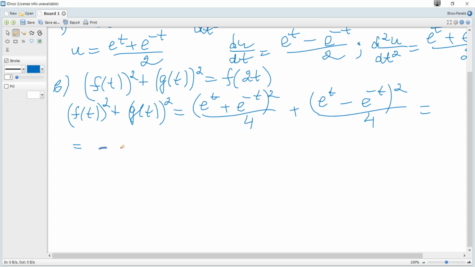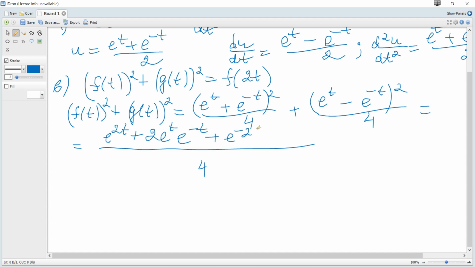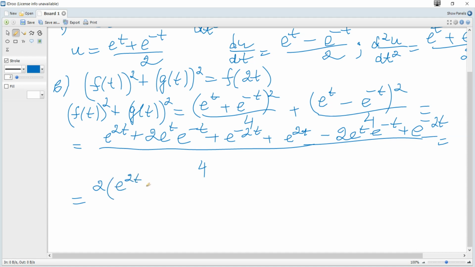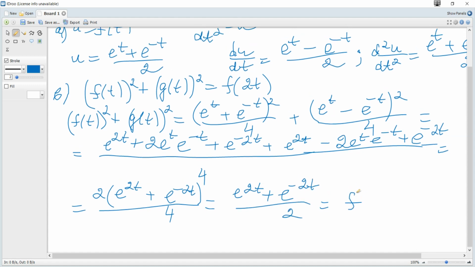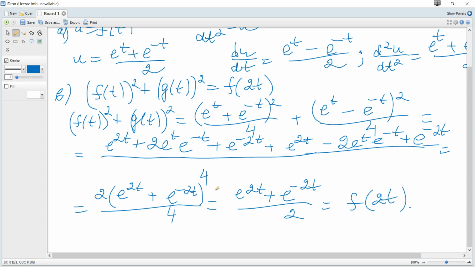We can write the common denominator over 4, so e to the power of 2t plus 2e to the power of t e to negative t plus e to negative 2t plus e to the power 2t, minus 2e to the power of t e to negative t plus e to the power of negative 2t, and it becomes 2 times e to the power 2t plus e to the power of negative 2t over 4, or e to the power of 2t plus e to negative 2t over 2, and we can see that it's function f of 2t as required.